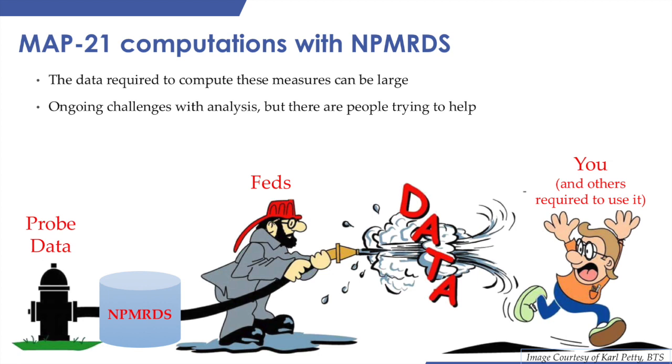The problem is a lot of states and MPOs struggle to ingest all of this data because the probe data can be fairly large, even for a small area. And the computations, though they're not that complex, can be difficult for a lot of agencies because of the size of the data.